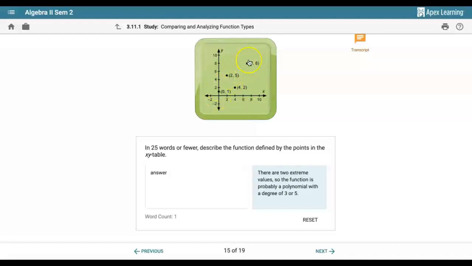Since we have a value going downwards and a value going upwards, this is probably a polynomial of degree 3 or 5, because it has to have an odd exponent for the variable, because it doesn't have the same ending behavior.